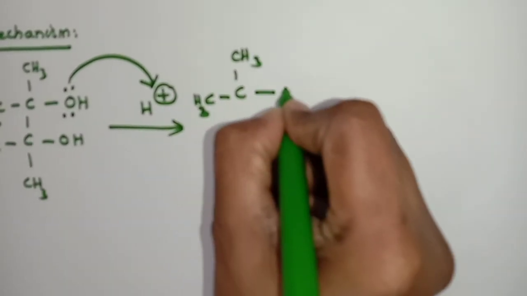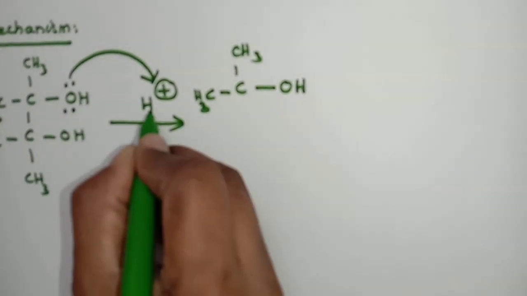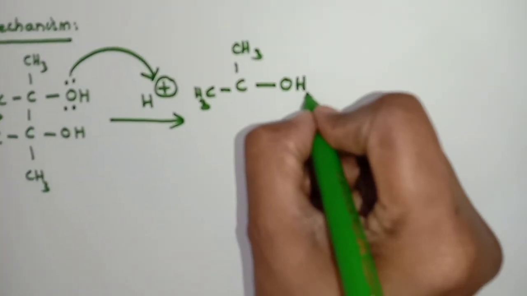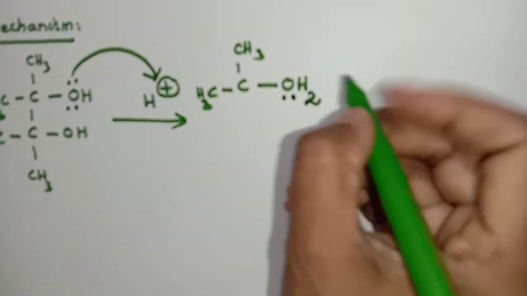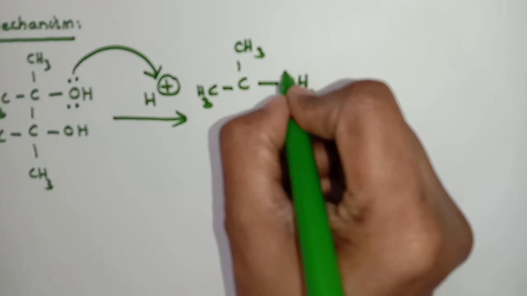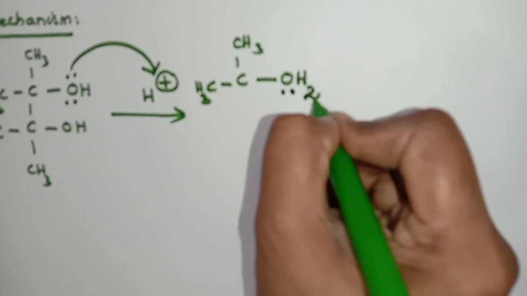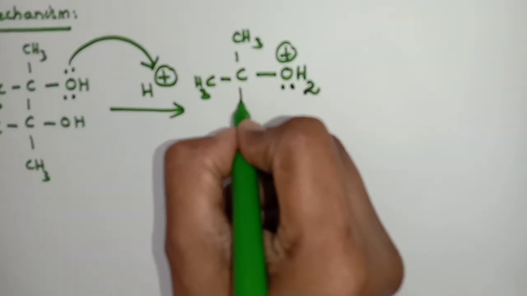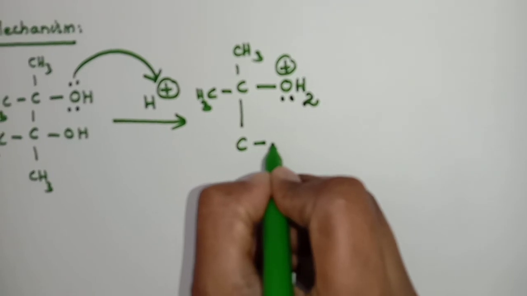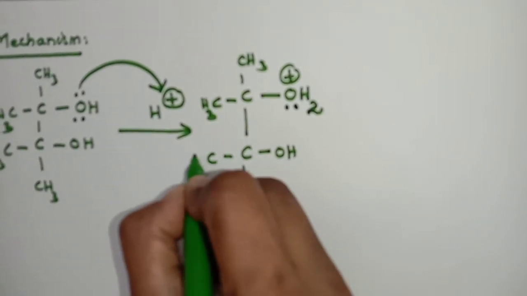So now this converts into CH3, CH3. Here comes O. Already one hydrogen is there. One more hydrogen is coming here. So it is OH2. So there is only one lone pair of electrons. It has lost one lone pair, that means it is involved in bond formation with hydrogen. Hence here comes a positive charge. So rest is same, OH, CH3, CH3.